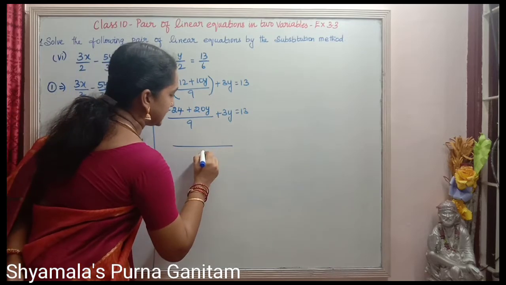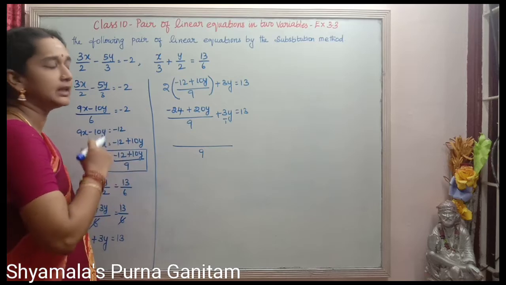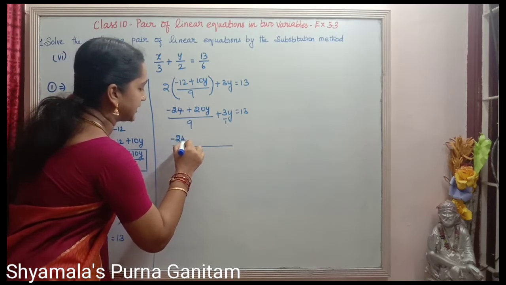So now again I have to find LCM for this. So when I find LCM for 9 and 1, the denominator for this is 1, it will be 9. So the whole term will come as it is.